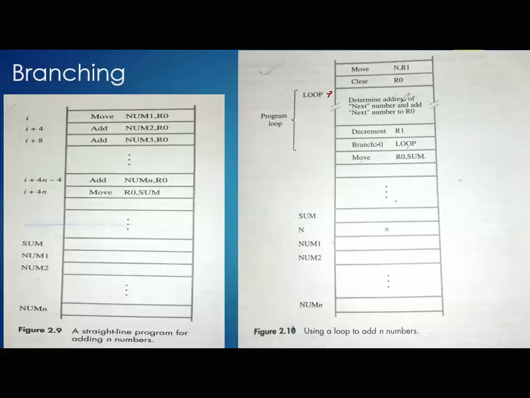Once we are done adding all the n numbers, that is 100 numbers, R1 will become equal to 0. Now the branch checks whether it is greater than 0; no. So this condition fails and we are not going to jump to the location loop.